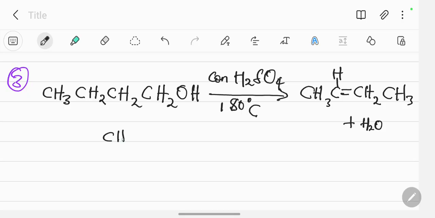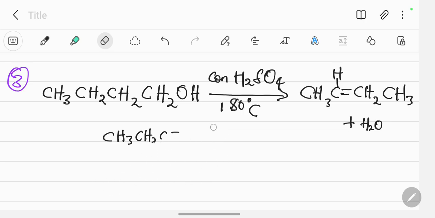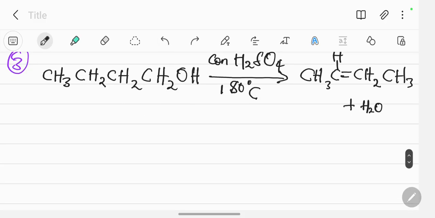Someone may think that it's going to be CH3CH2CH=CH2. This is wrong, though it seems correct, but it's wrong. So this one is a bit unique. It's not like other alcohols. For sure it's a primary alcohol and it would give us a normal alkene, but it has a unique component.